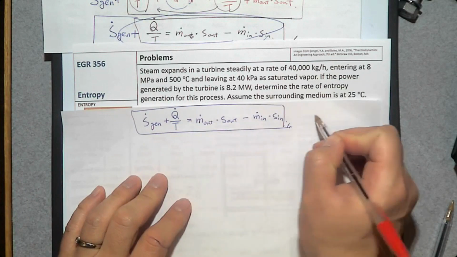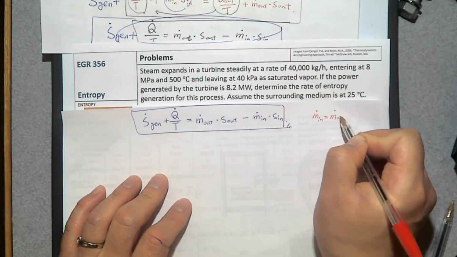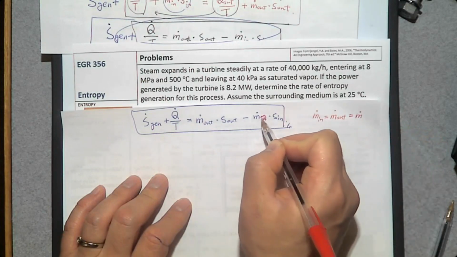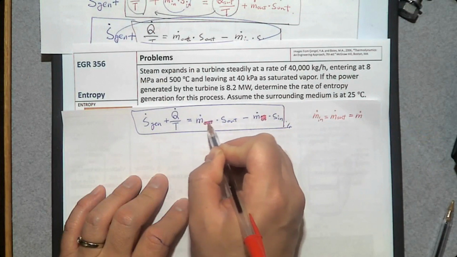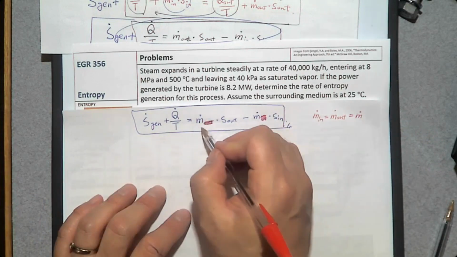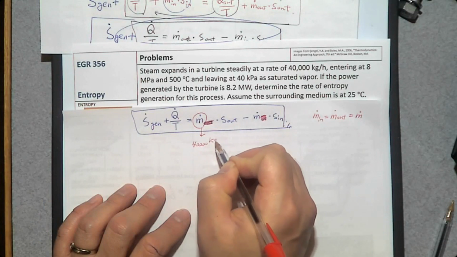So since they are the same, we can just say m dot. I'm going to remove these subscripts. And this m dot is 40,000 kilograms per hour.